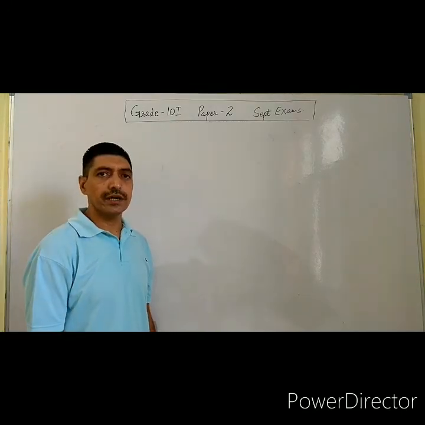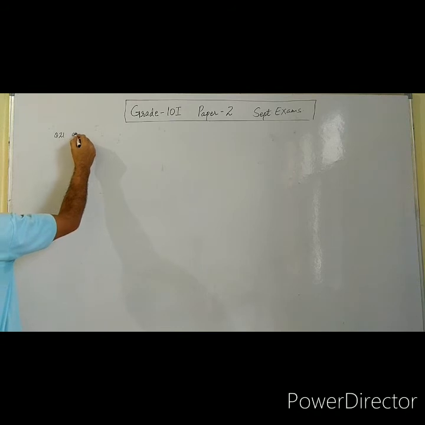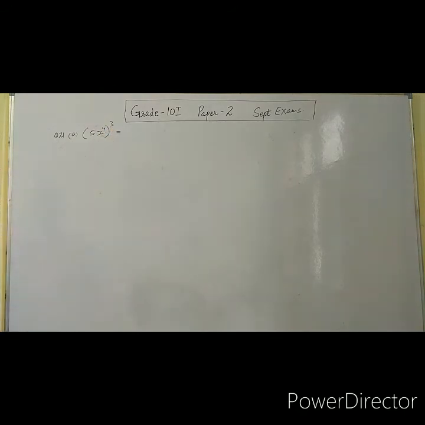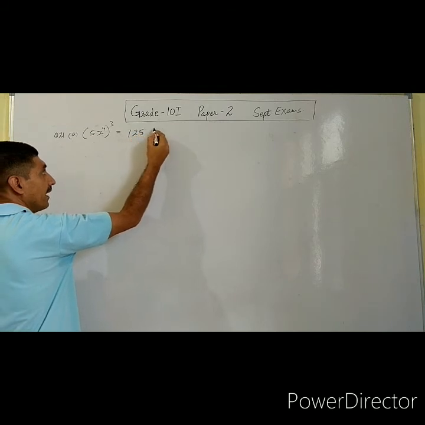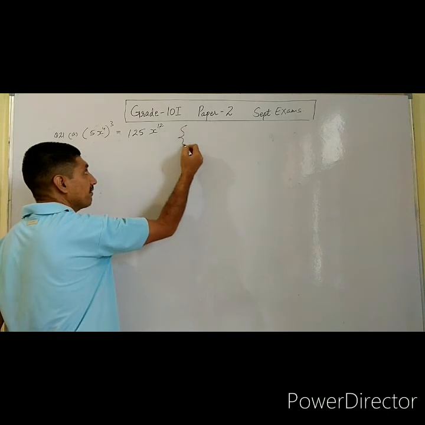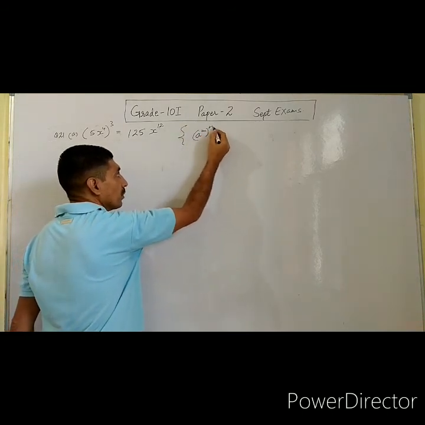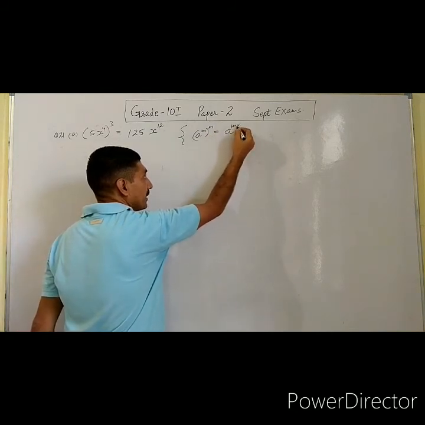Question number 21, again from law of exponents. In question number 21, we have the A part, that is 5x raised to power 4, raised to power 3. So here we have 5 cube, that is 125, and x raised to power 4 into 3, that is 12. Here we have applied the concept that a raised to power m, whole raised to power n, is a raised to power m into n.